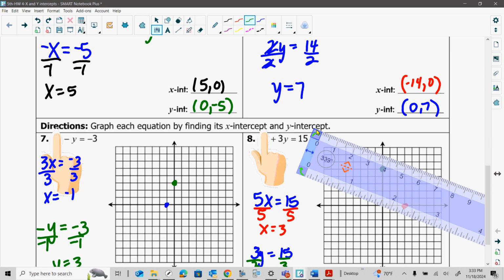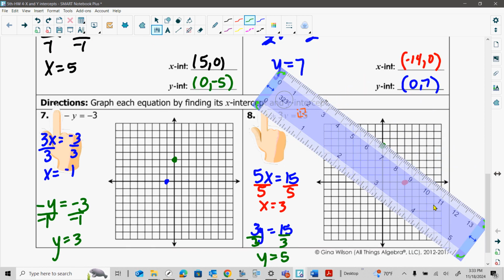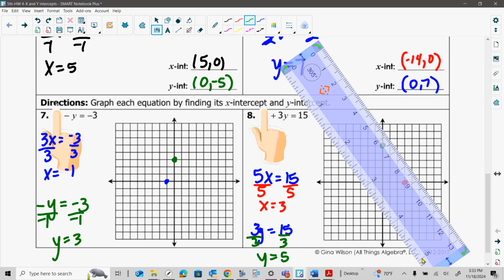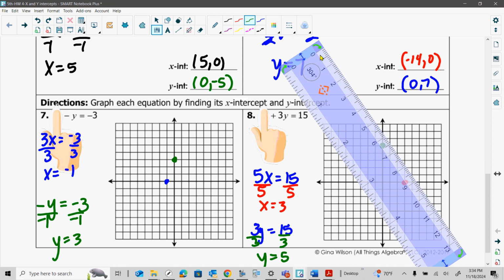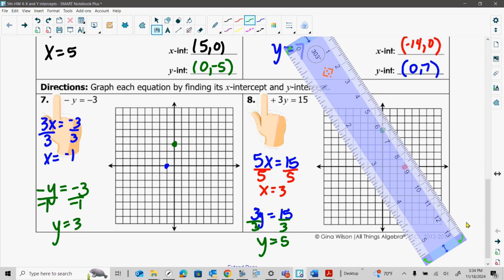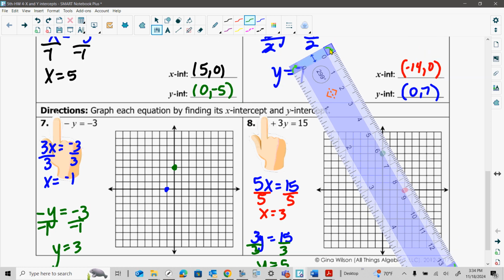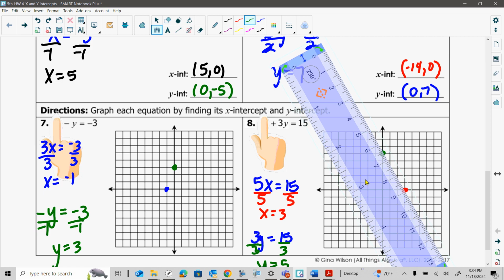So let me get my ruler lined up here. I'm doing it through the blue line right here, and then I can just shift it over. I think that's it right there. And then just drawing a line through those.